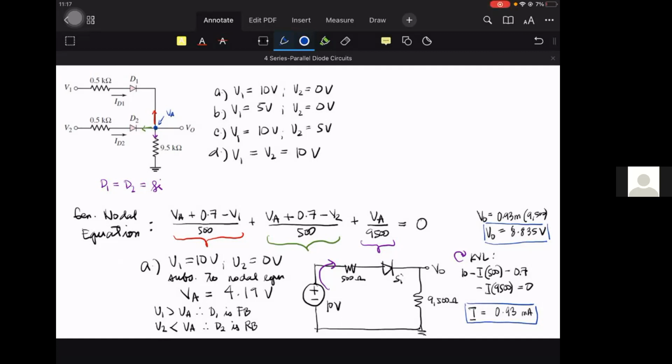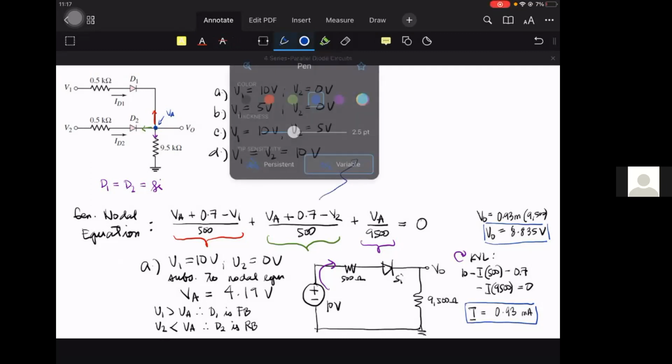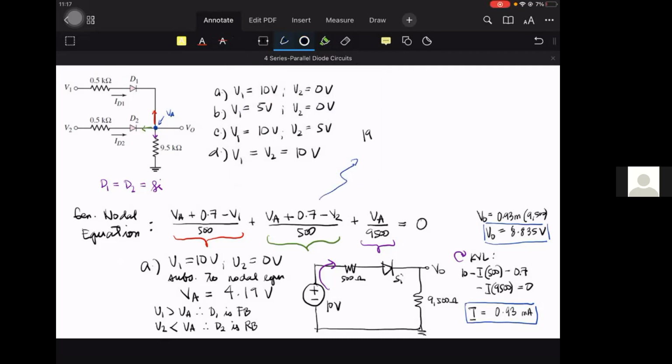95 divided by 500 is 19. So I multiply all sides by 95 because of the LCD. 19 times VA plus 0.7 minus V1, plus 19 times VA plus 0.7 minus V2, plus VA equal to 0.